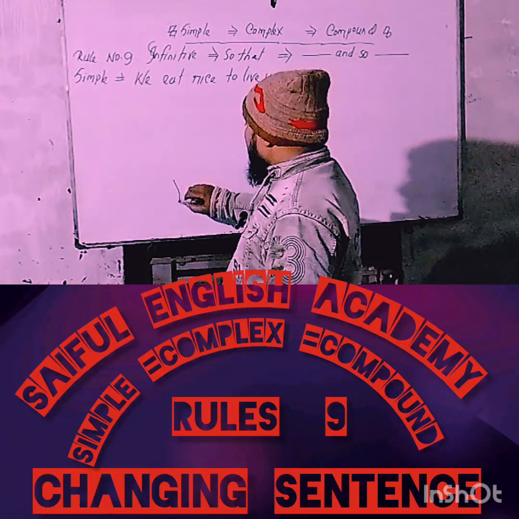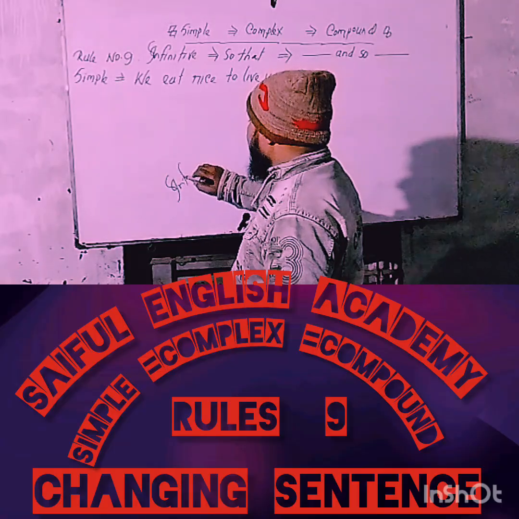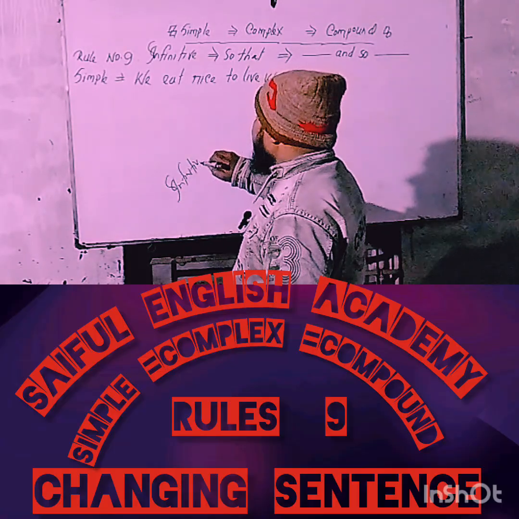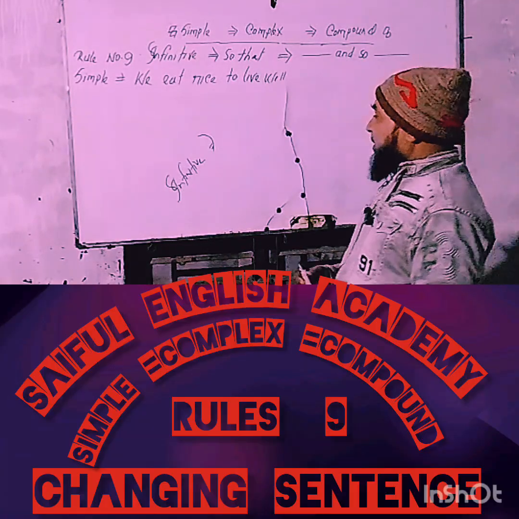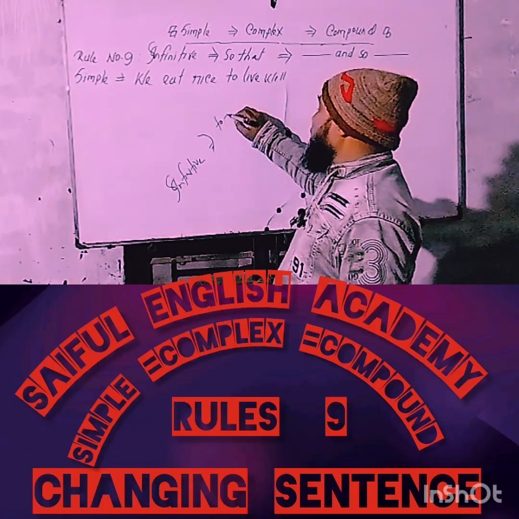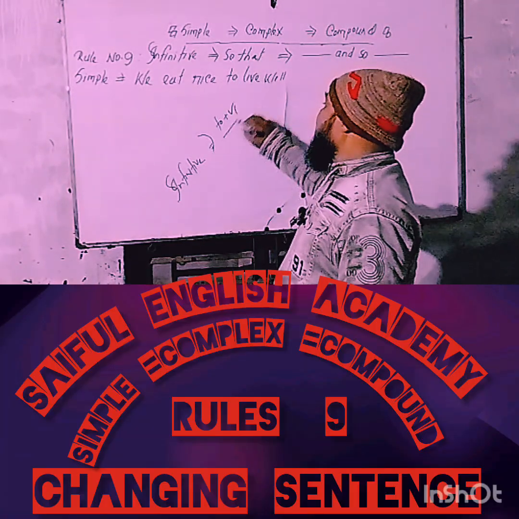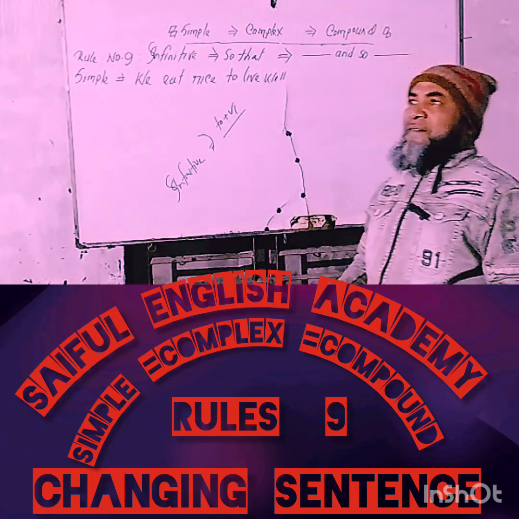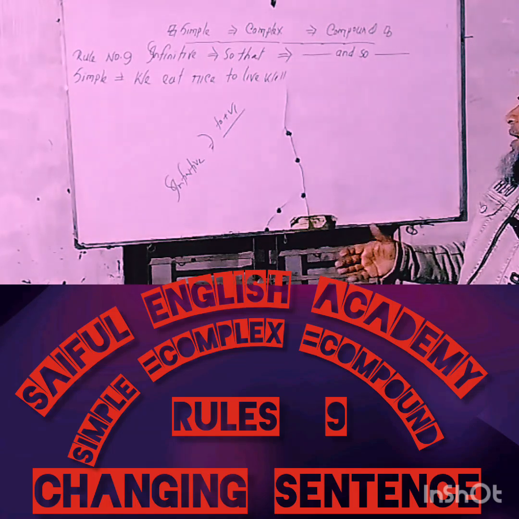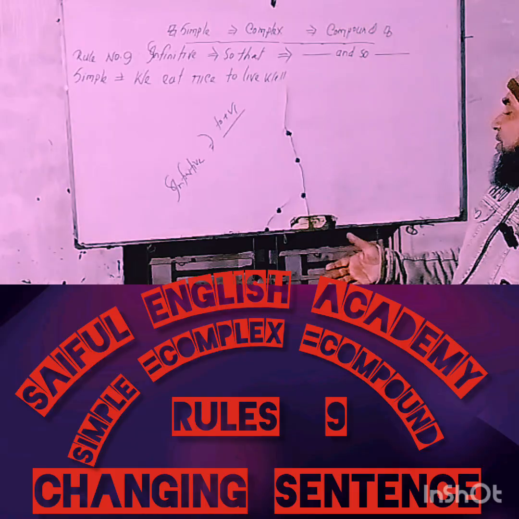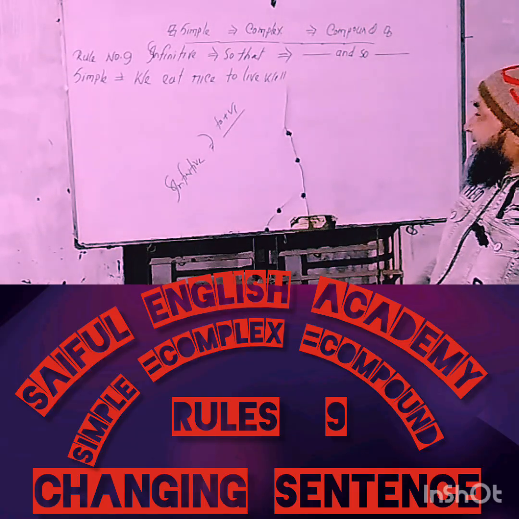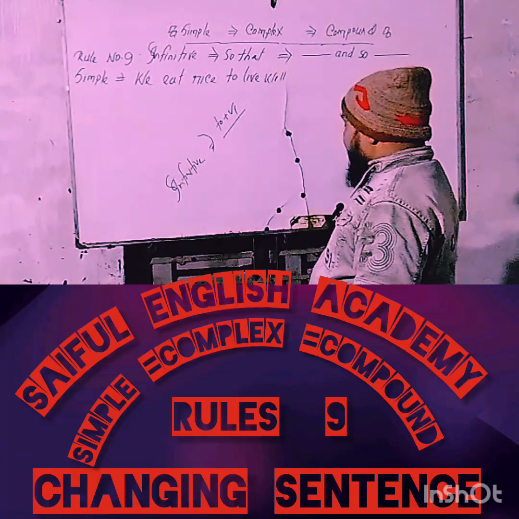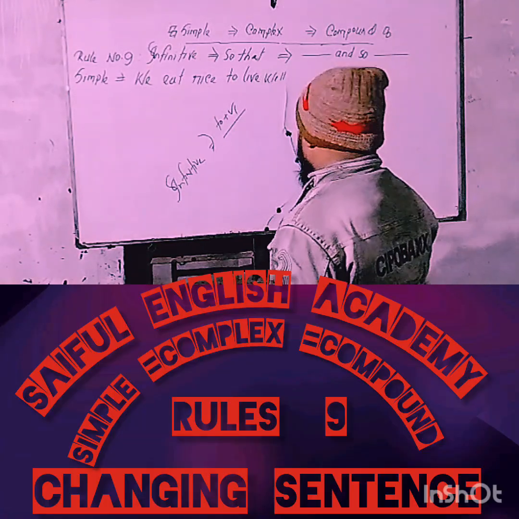Of course, you know the word infinitive: to plus v1 is called infinitive, and it's not a finite verb, it's a non-finite verb, and it's used in a phrase. Hope that you have understood clearly.